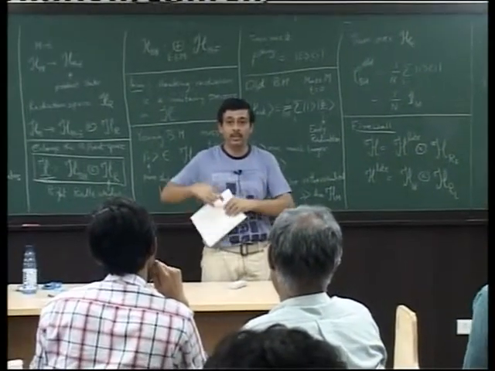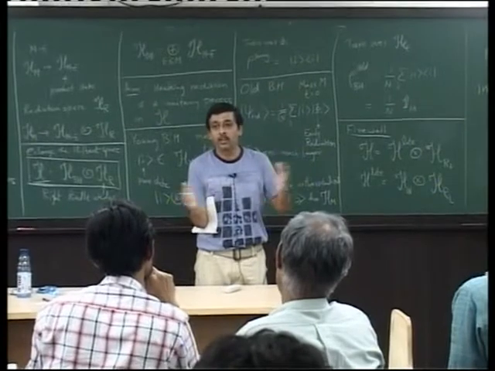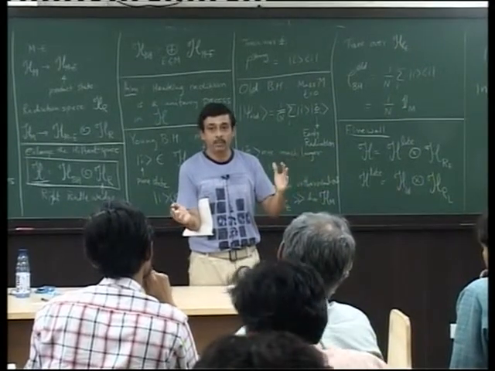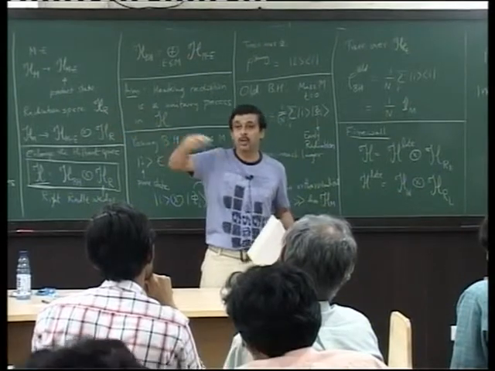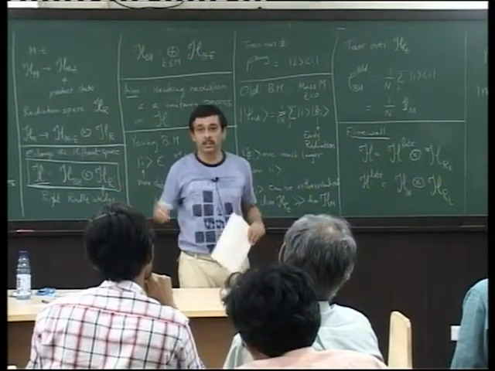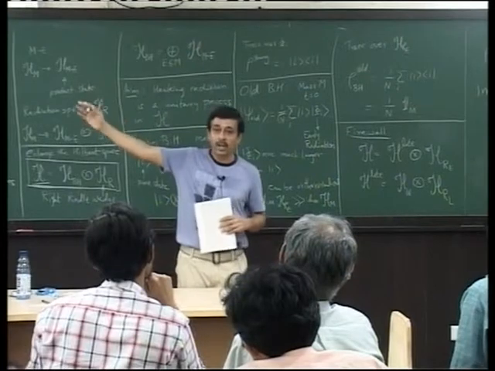Pictorially, what has happened is that the old black hole has radiated for a long time. At time t equals 0, I find that a large amount of radiation has gone out way beyond the near stretched horizon region. Anything which has gone out, I basically forget about it.